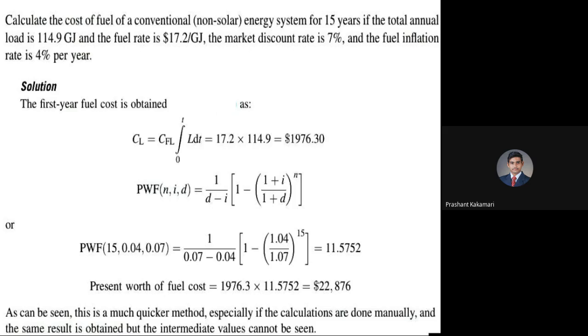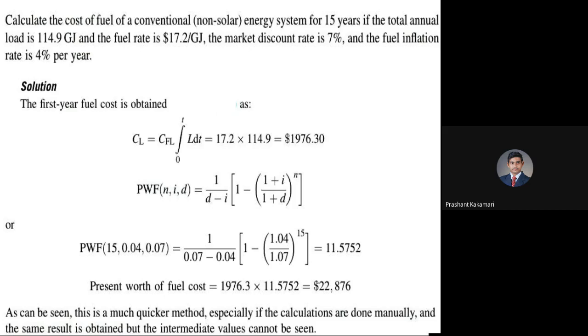Inflation will be there every year. The fuel prices are going to increase, so that is called the inflation rate. That is 4% per year. Because of the large energy requirement, they are getting a discount of 7%, more than inflation.